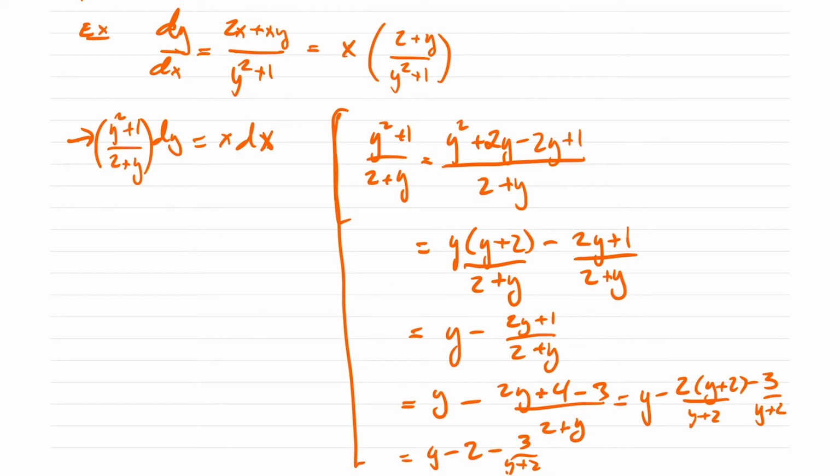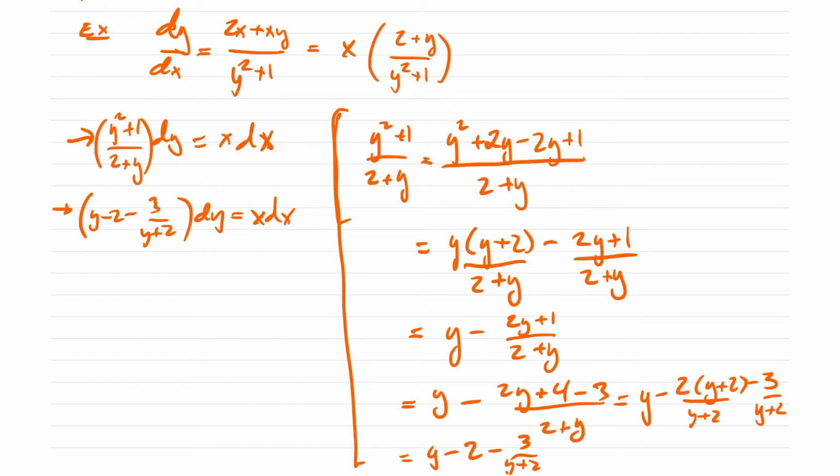your equation. So what we get then is on the left-hand side here, we have y minus 2 minus 3 over y plus 2 times dy is equal to x dx. And now we can integrate both sides.